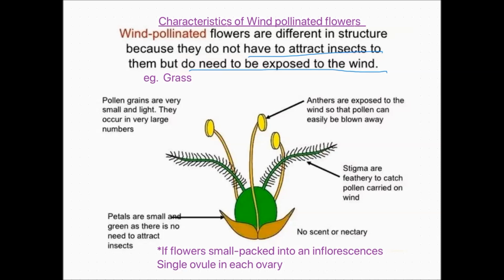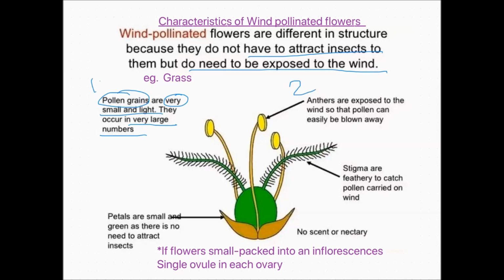So what about pollen grains of the flower? Pollen grain will be small and lightweight, and there will be a huge number of pollen grains in the flower so that pollination will be ensured by reaching the stigma of another flower with the wind.